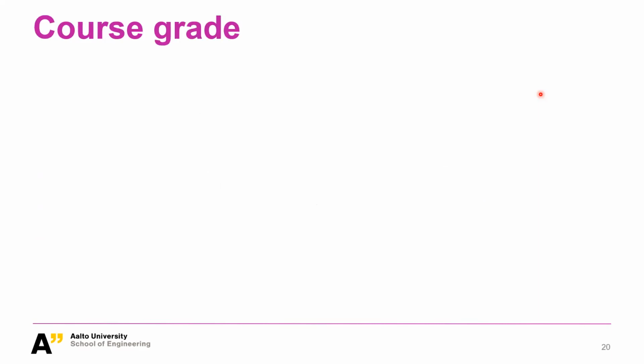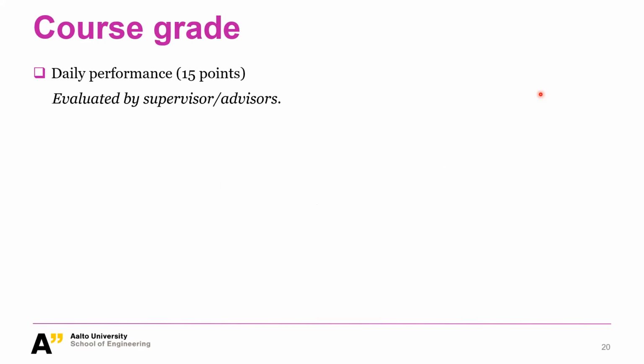All right. Finally, the most important thing, the course grading. Everybody is interested in that. This is the so-called daily performance, 15 points. The daily is really just the daily. This will be given by your advisors, because everybody has their own mechanisms.